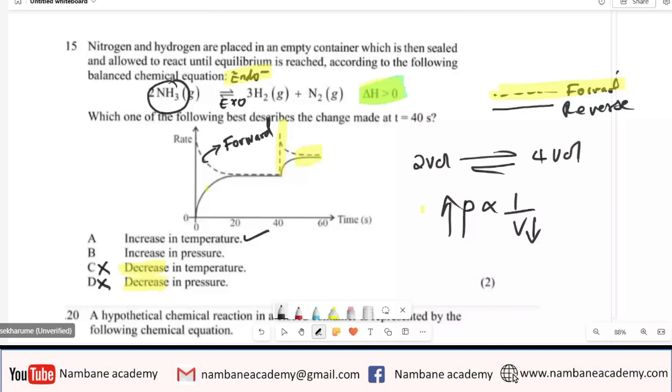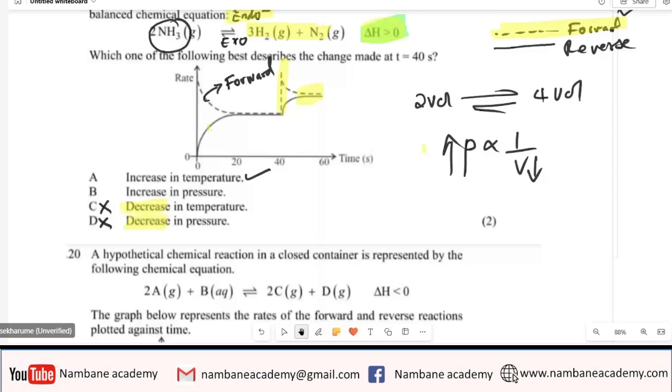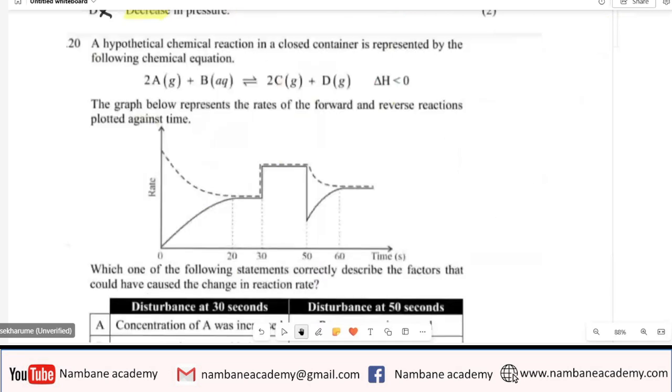I'm increasing the temperature, so I'm favoring the forward reaction. The forward reaction is favored, which is the dotted line. So for 15, I go with A. If you disagree or agree, just raise your hand if you have any query on that one. I'm taking my time on this side also.